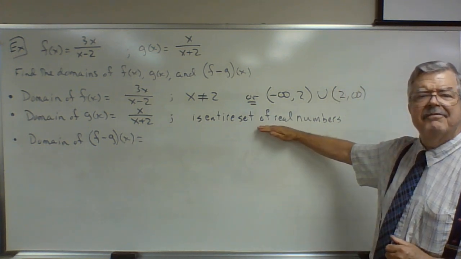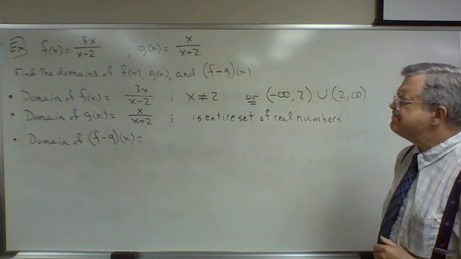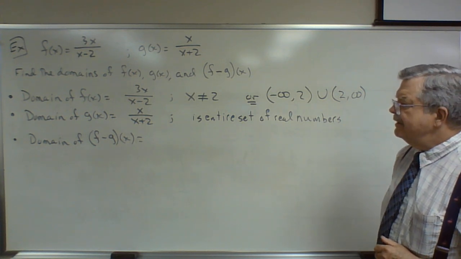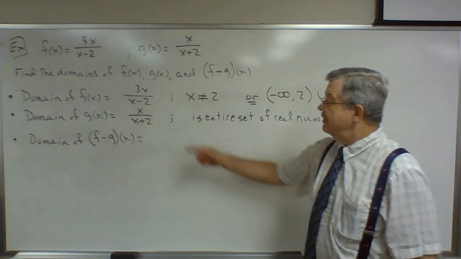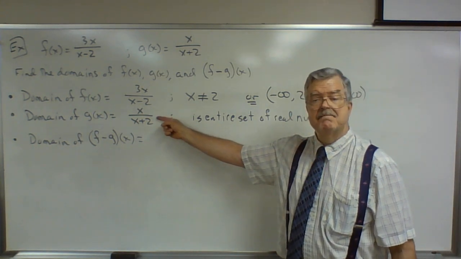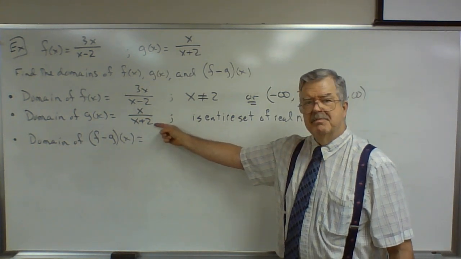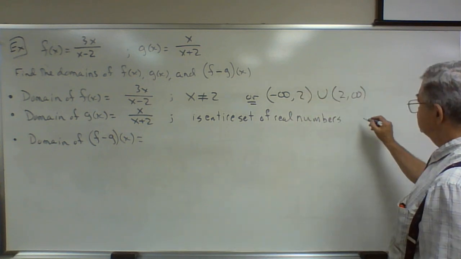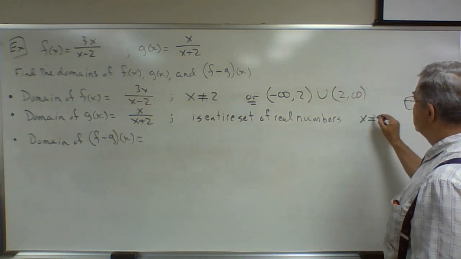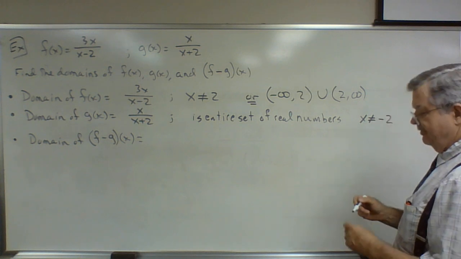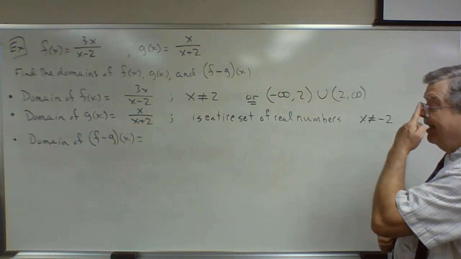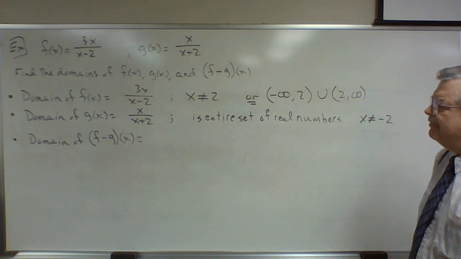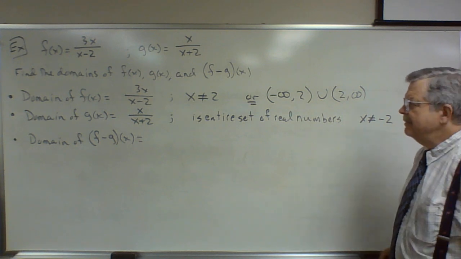Do we have to modify this assessment? Well, let's see. Are there any x values that cause division by 0? Oops, x equal minus 2, right? X can't equal minus 2.